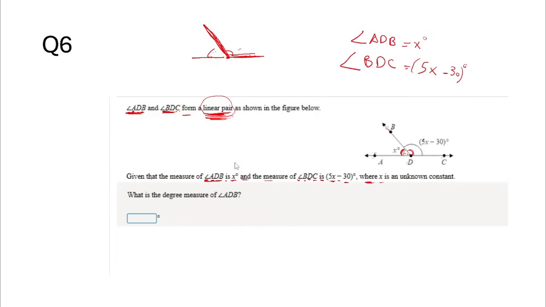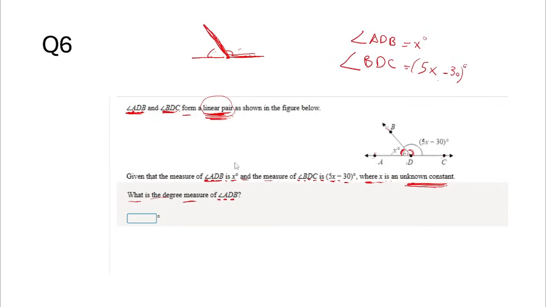Where x is an unknown constant. That means there's a number for x. I have to find it to get the measurement of the two angles. Here, what is the degree measure of angle ADB? ADB means we need x.